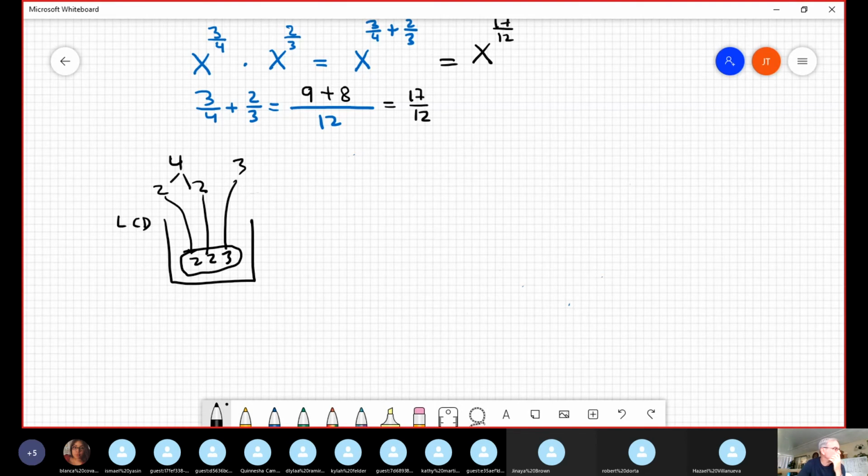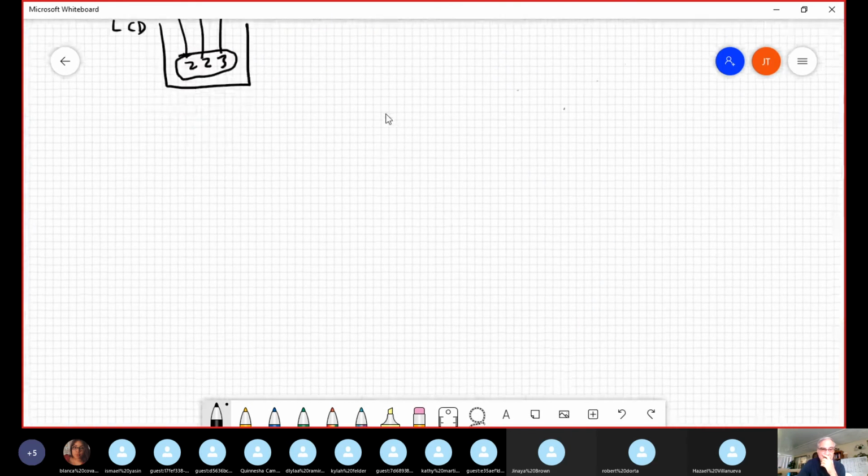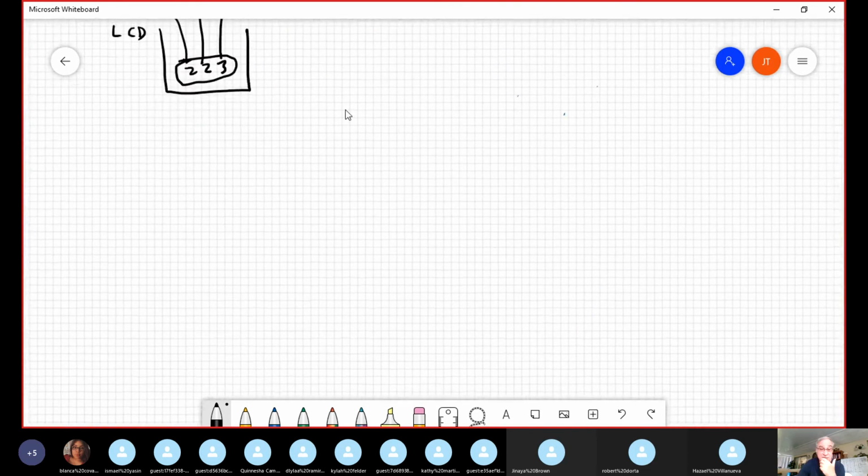Let me try to find a nice one. Okay, this is nice. I want to do the nice one for me and the complicated ones for you. Suppose x to the negative 1 over 4 times x to the 3 over 4.